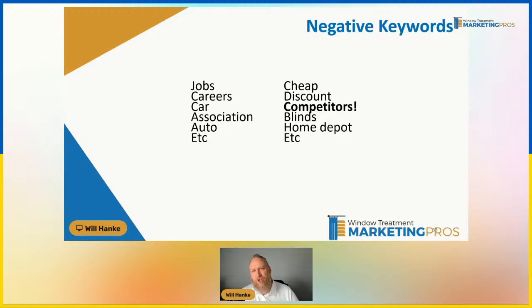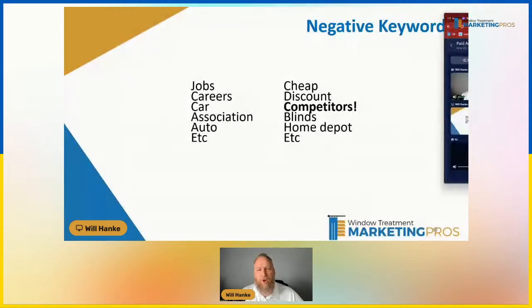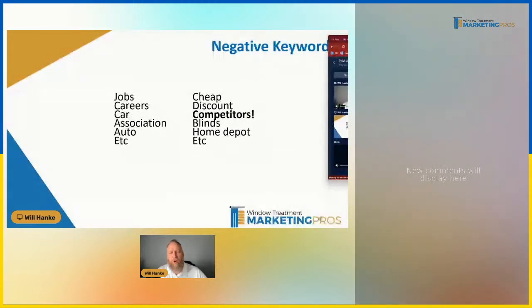And even if your ad shows up, they're probably not going to engage with it, right? Because they've already made up their mind of who they're looking for. They might even start the phone call and say, I thought this was ABC Blinds, right? So then you paid for a click and you wasted time on the phone. So overall, we've seen that those types of ads really don't tend to work very well, and we don't tend to use them.